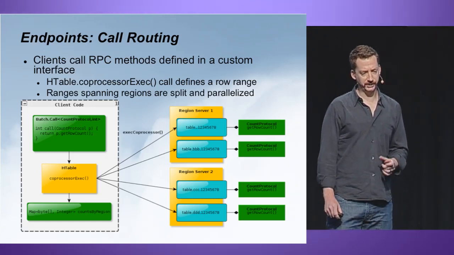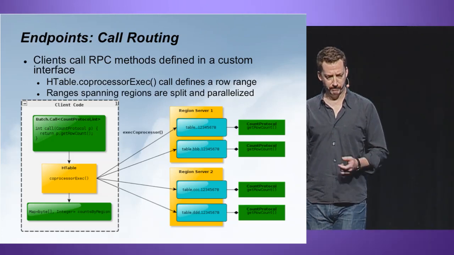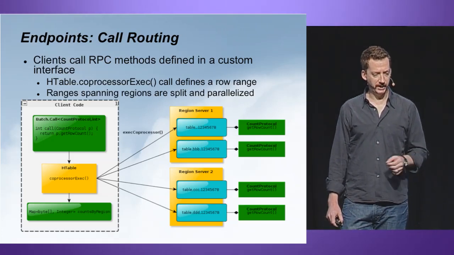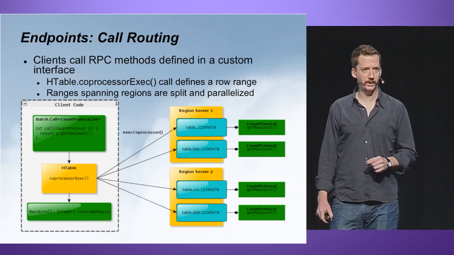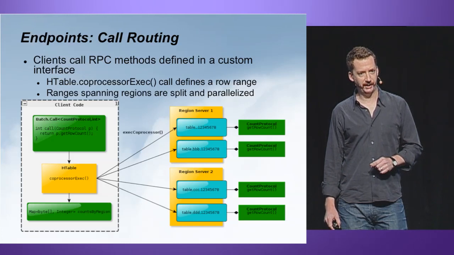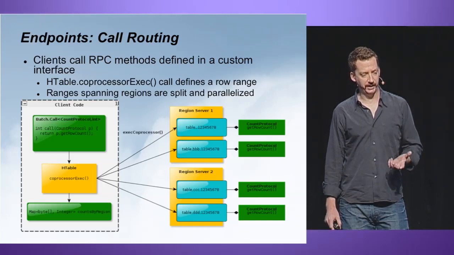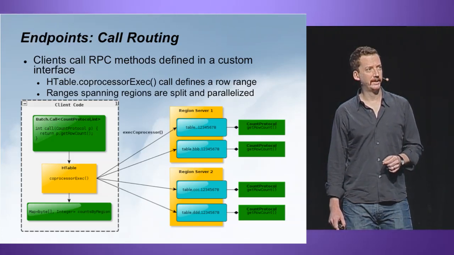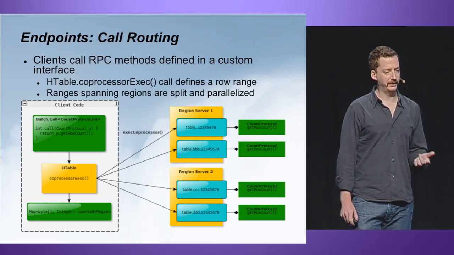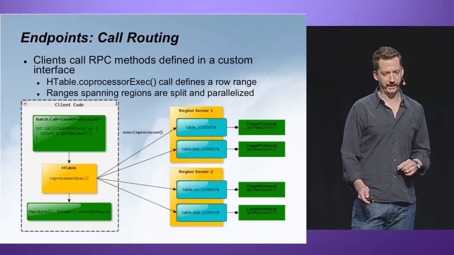The client just calls a normal method against that protocol. HTable coprocessor exec splits that into multiple parallel RPCs and then returns the results either as an aggregated map of results, or clients can also be notified via a callback interface as individual RPC responses come back in.